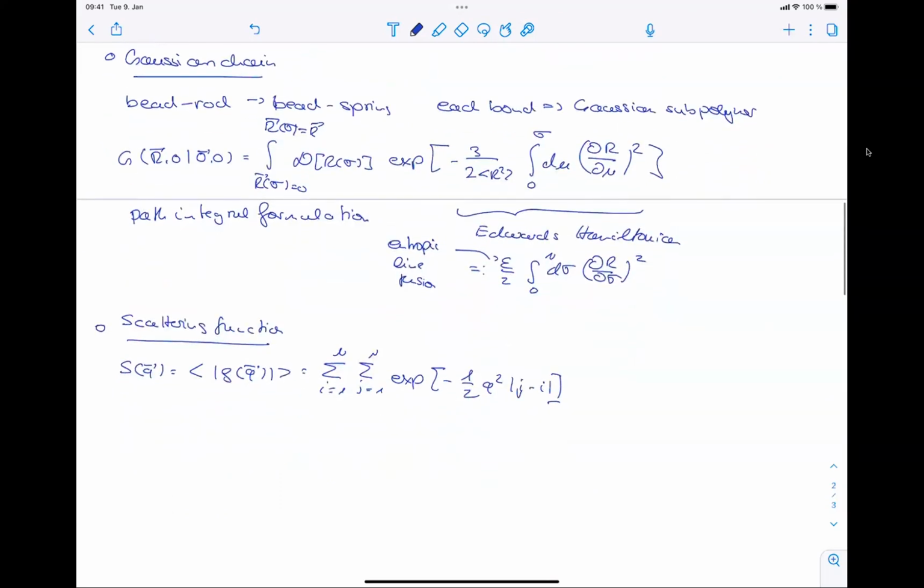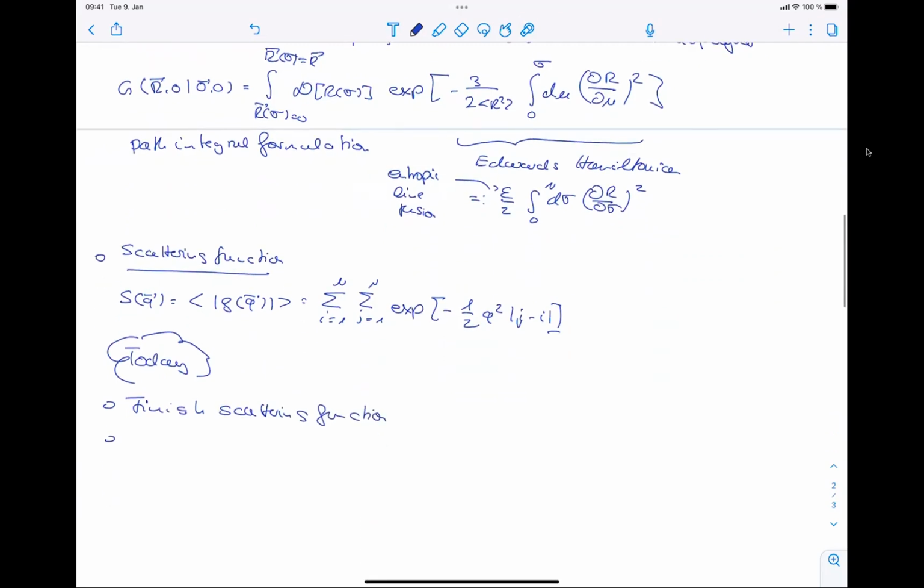Okay, so we finish the scattering function, and then first talk about the Kratky model of semi-flexible polymers before going to the worm-like chain model.